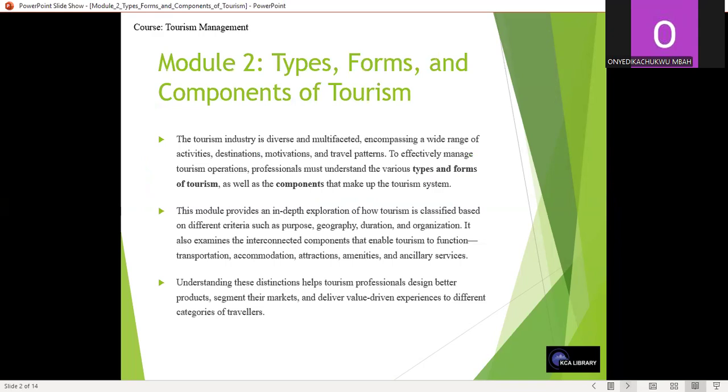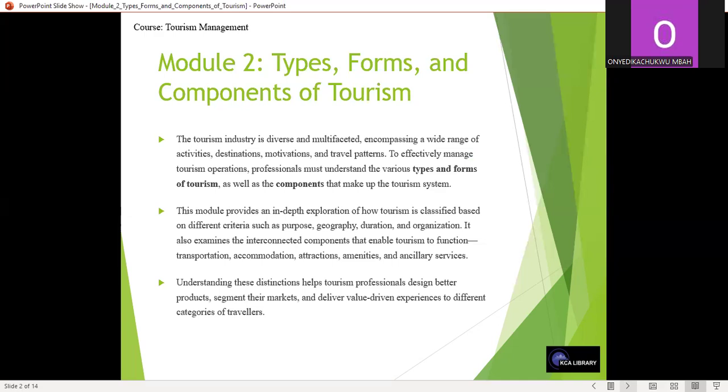Now, the tourism industry is diverse and multifaceted, encompassing a wide range of activities, destinations, motivations, travel, and travel patterns. To effectively manage tourism operations, professionals must understand the various types and forms of tourism, as well as the components that make up the tourism system.